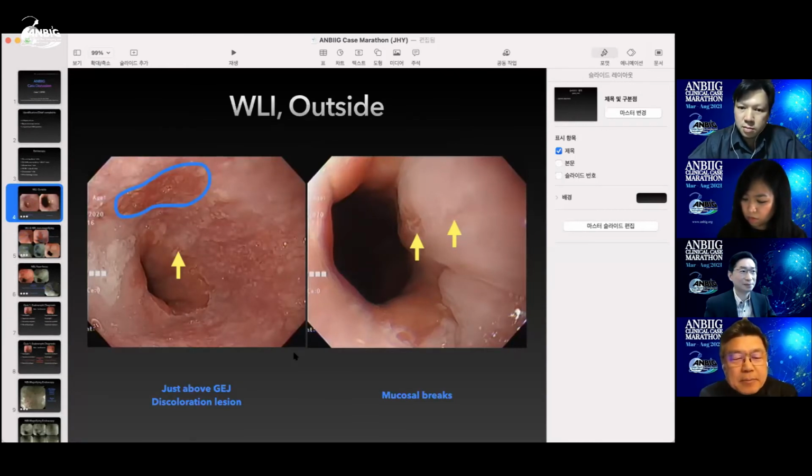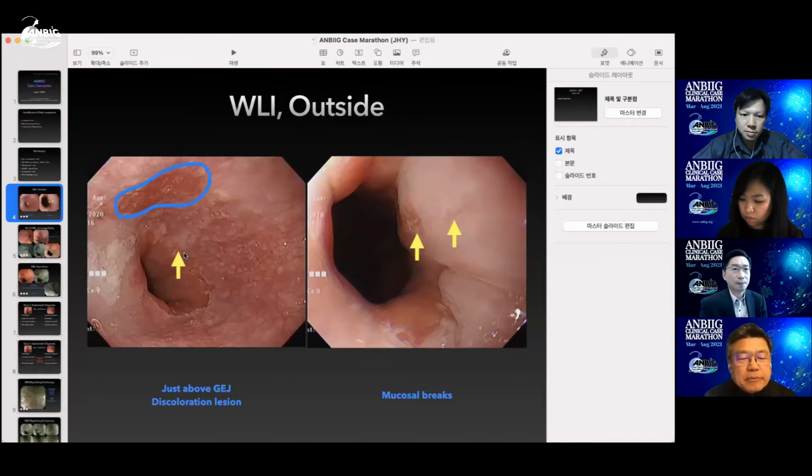The main lesion is located in the esophagus here, but the mucosal break is at the 2 to 3 o'clock area. So this mucosal break and the discolored main lesion developed independently, because the two lesions are not related in geographical relationship.